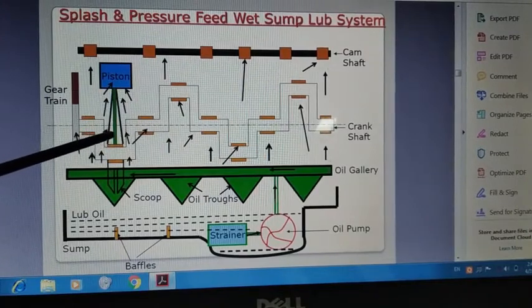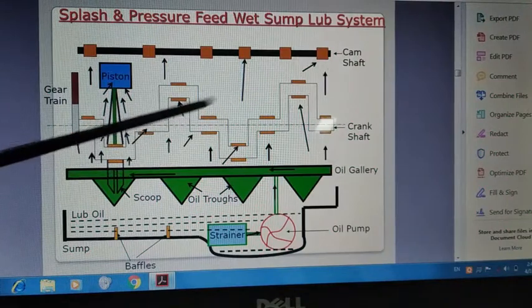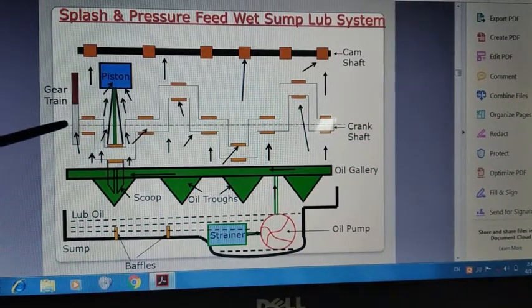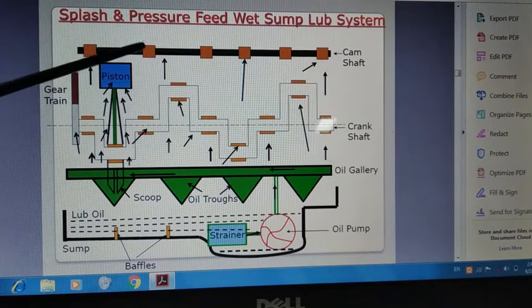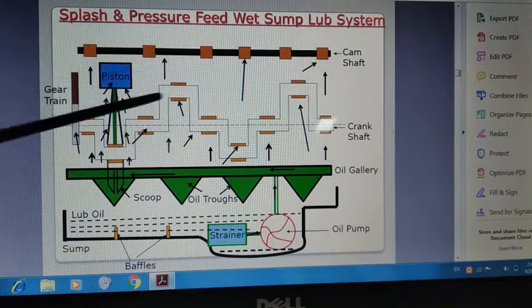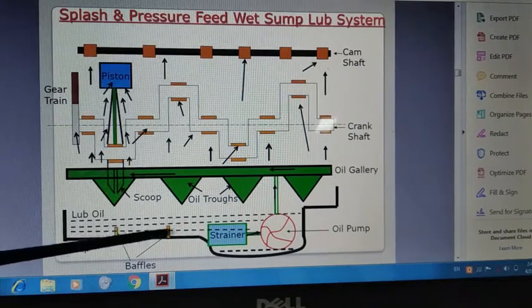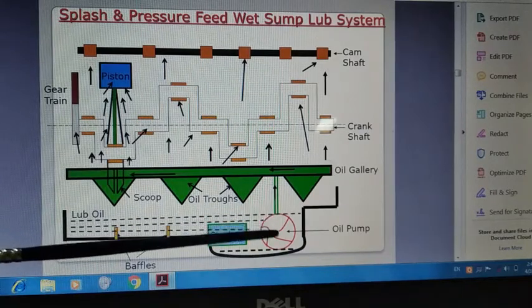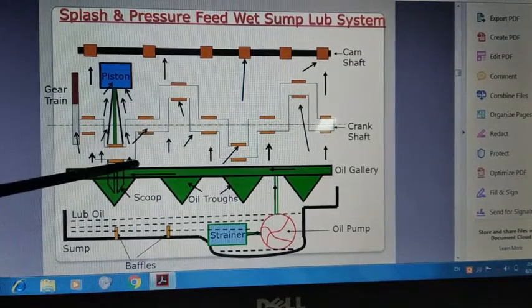You can see the arrangement here, and again oil will be splashed on the camshaft also. And now after splashing, the oil will again be falling into the sump. So this will be continued, and the oil pump will again pump the oil into the system.